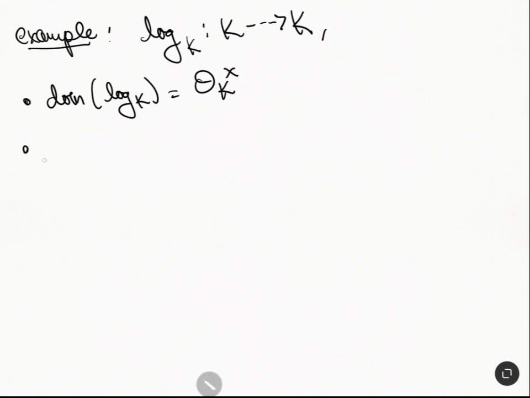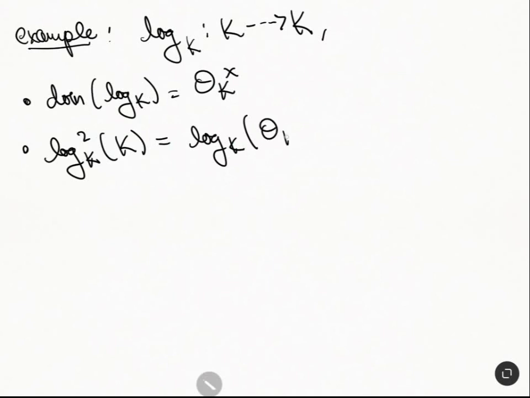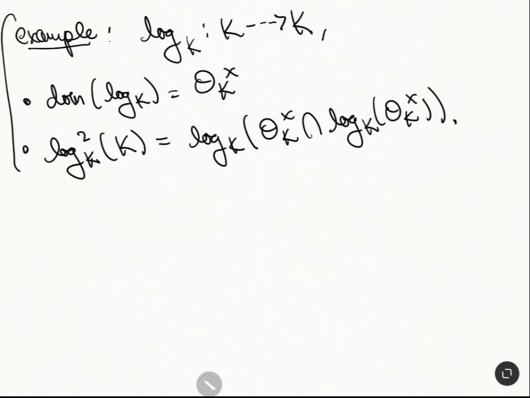And we will have things like log_K squared of K, which is going to be log_K of O_K cross intersect log_K of O_K cross.